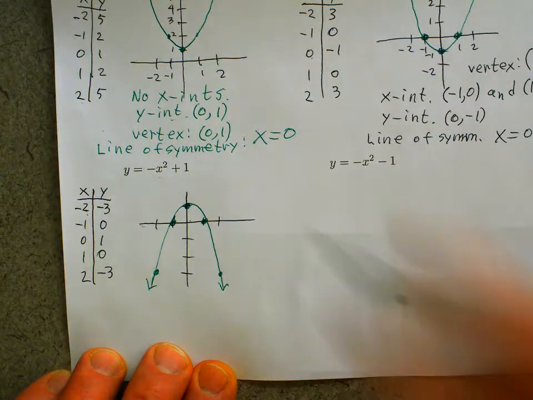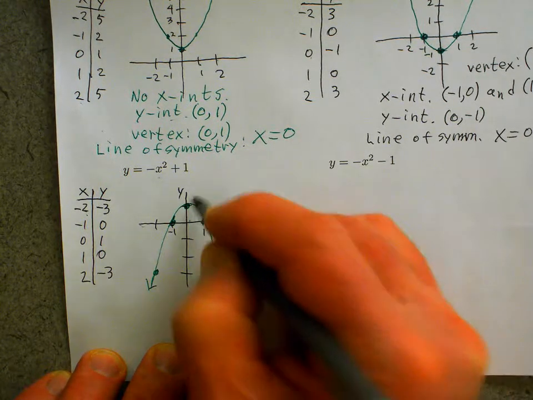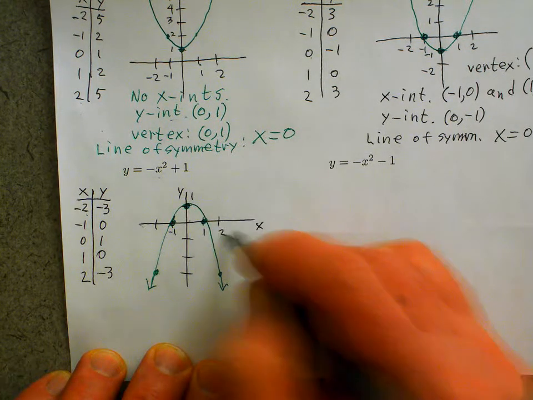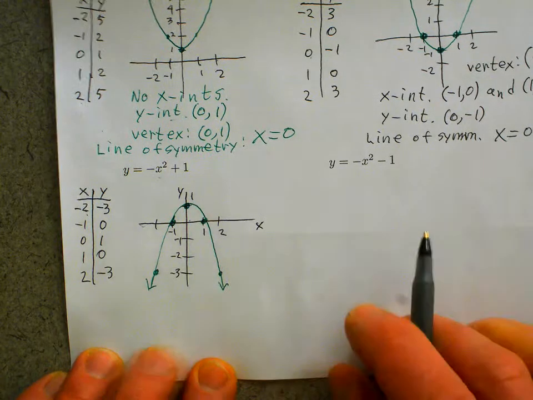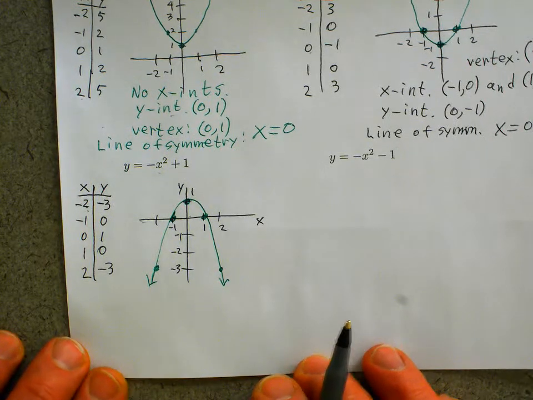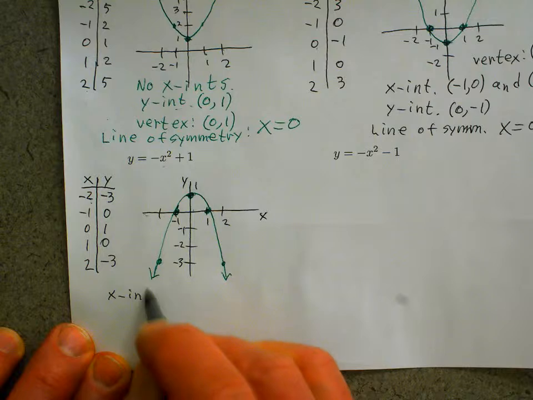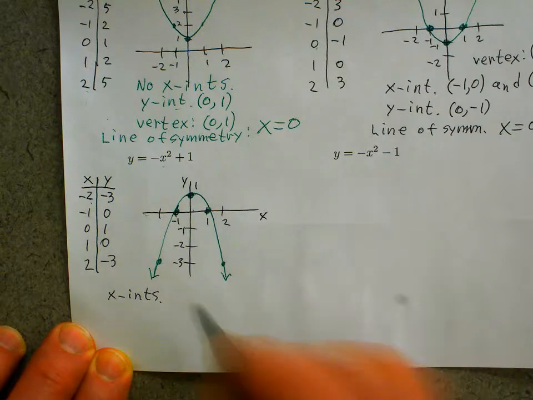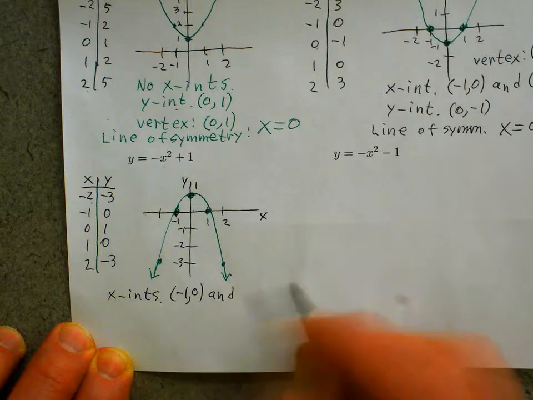So rough graph, but okay, the x-intercepts are -1, 0, and 1, 0.